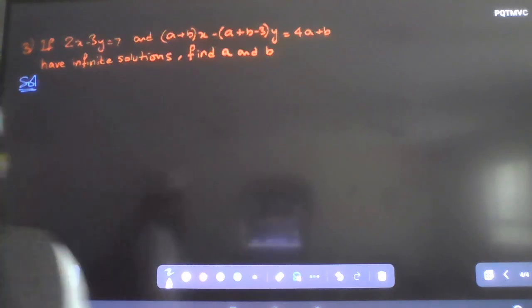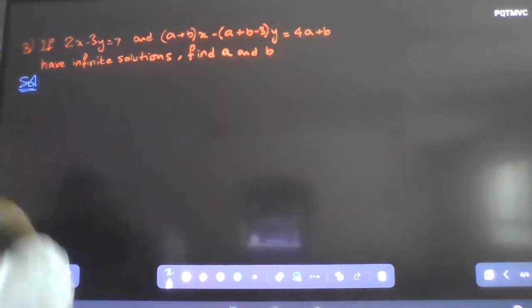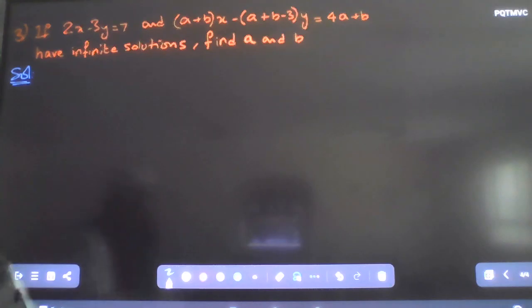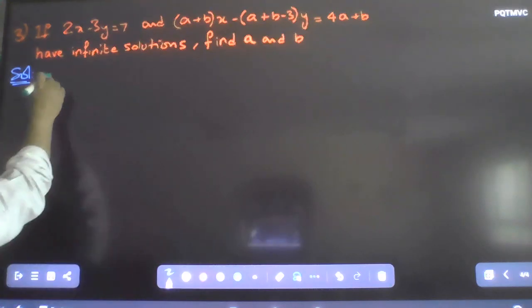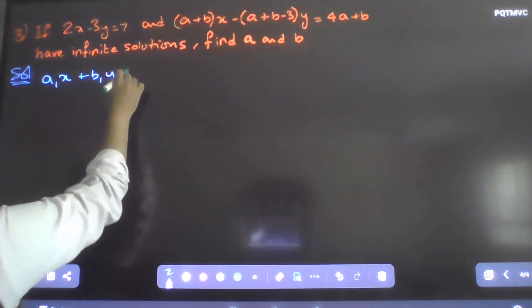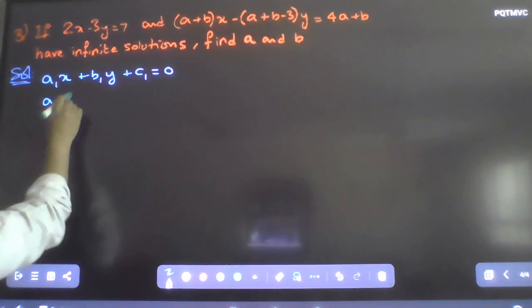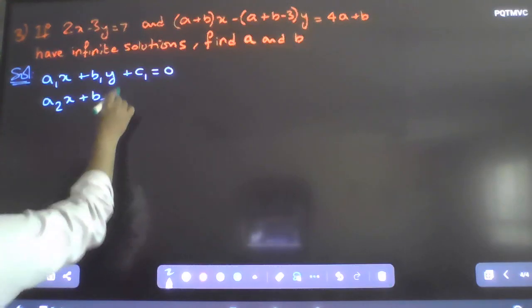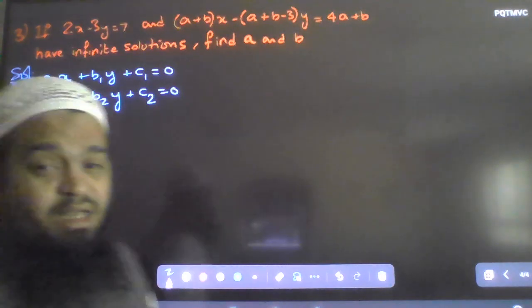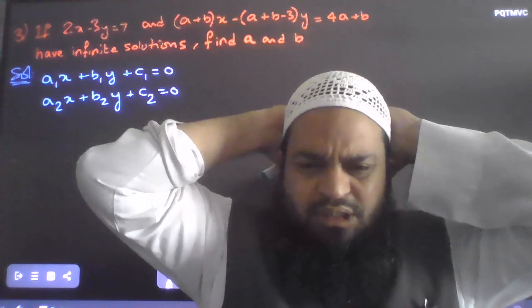Let us start the solution with what we know. We know that two equations, for example, a1x plus b1y plus c1 is equal to 0 and a2x plus b2y plus c2 is equal to 0, have infinite solutions when they are coincident.